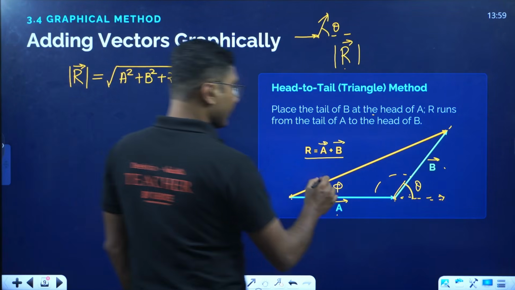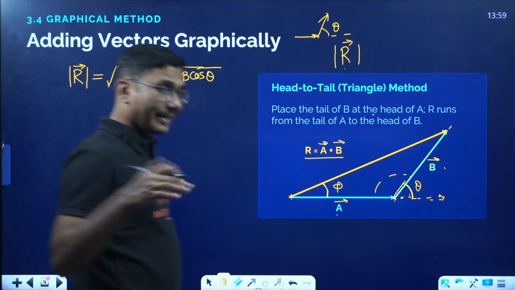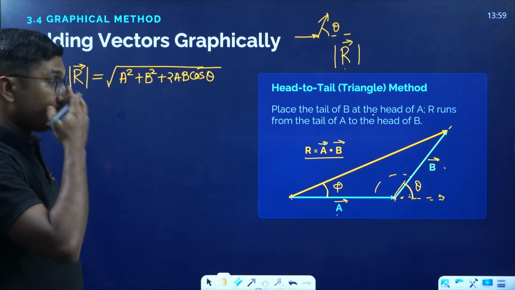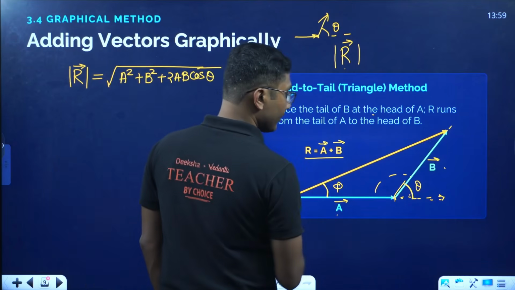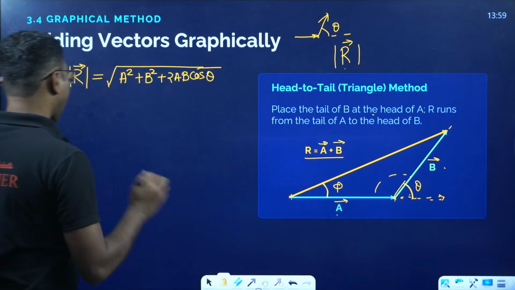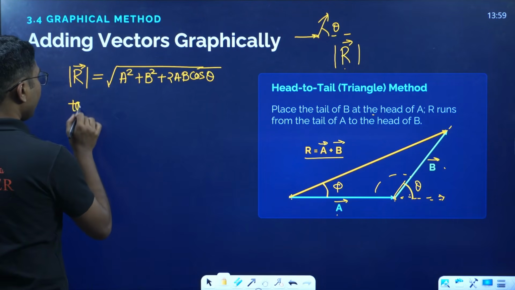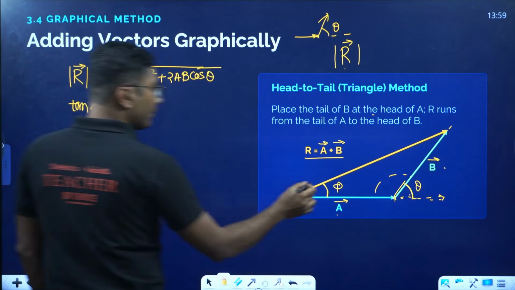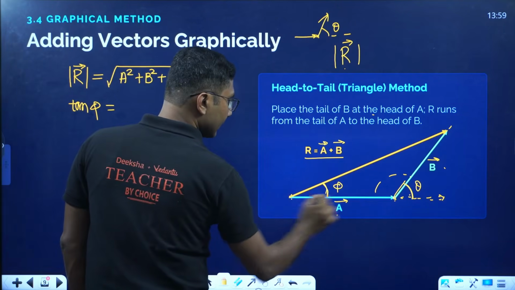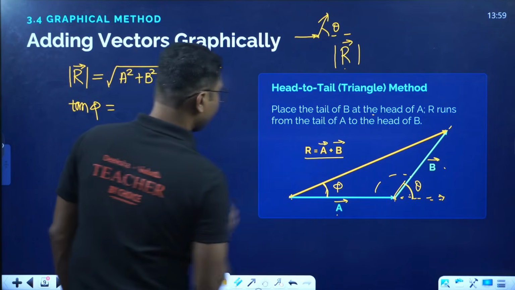Now you need to find the angle for the resultant vector as well. What is the angle this resultant vector is making with the first vector? That angle will be given by tan phi. You are measuring the angle with this vector, so you need to consider the second vector first.